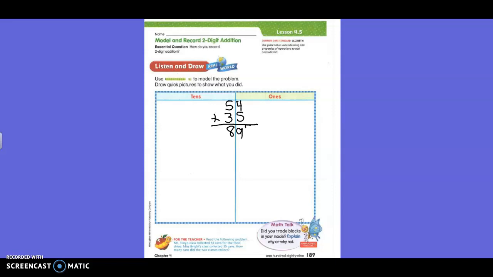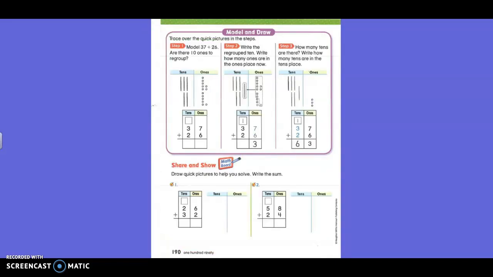C-A-N-S. What is that word? Miss Riley's class collected 54 what? So what is the label? Cans. 89 cans. We have to put labels all the time in 3rd grade, so you make sure you do it now in 2nd grade too sometimes. A lot of times they do it for you.